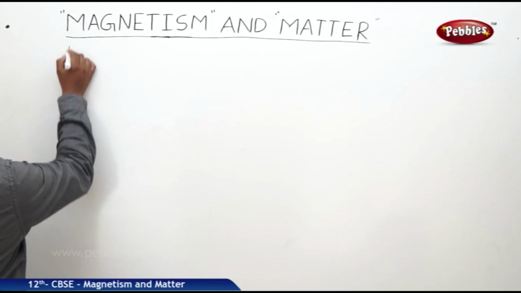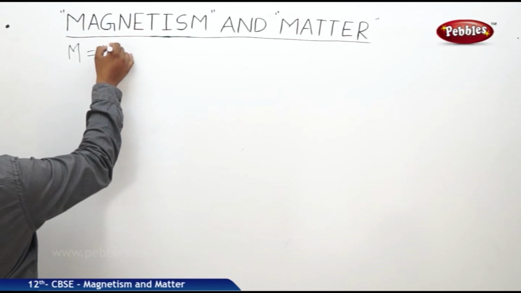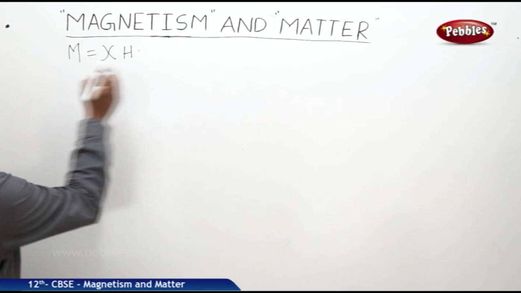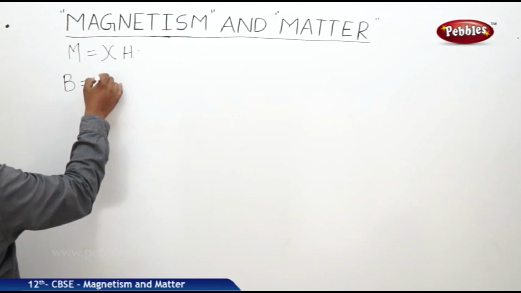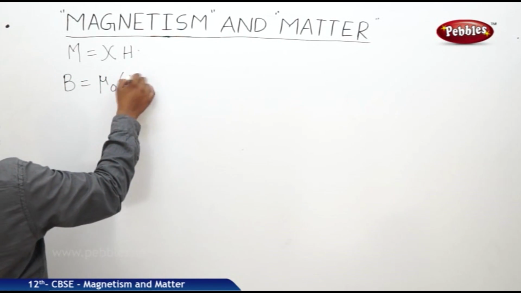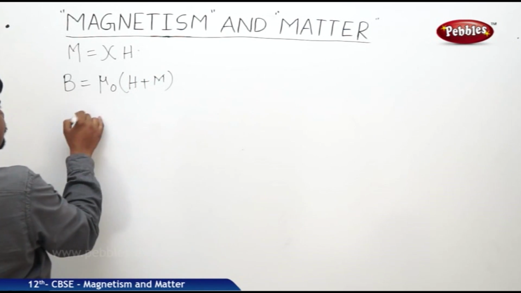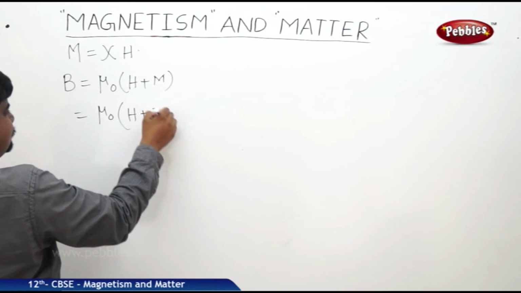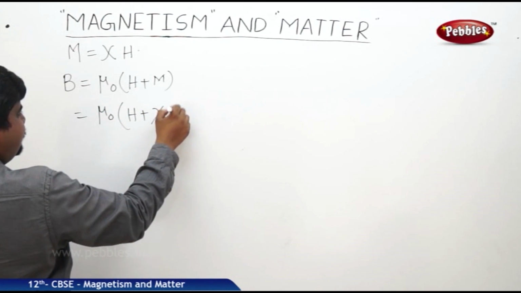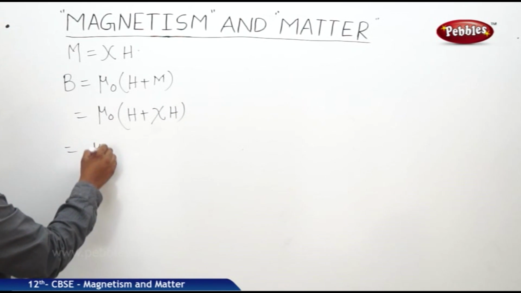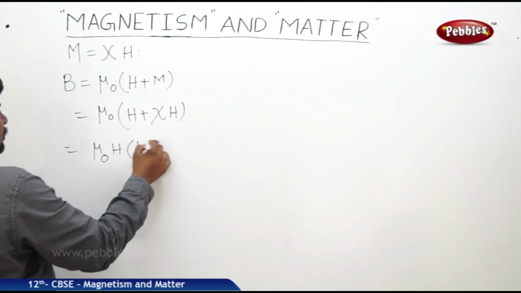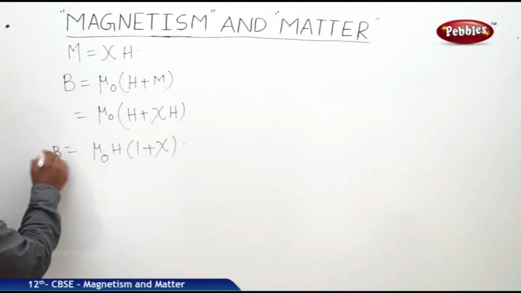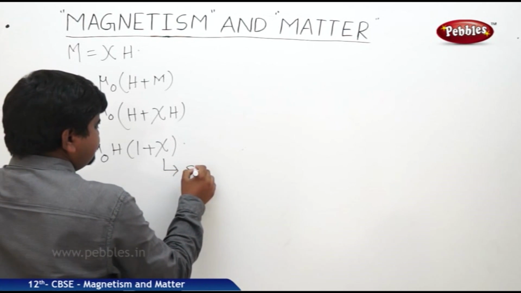We know that M is equal to chi H, and B is equal to mu naught into H plus M. So we can write mu naught H plus chi H, which gives mu naught H into 1 plus chi is equal to B. This chi is susceptibility.